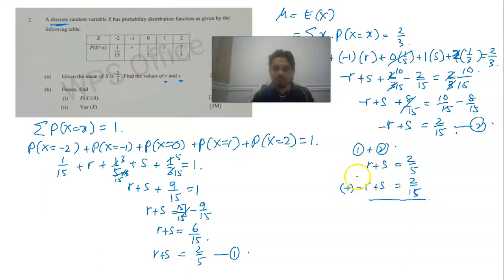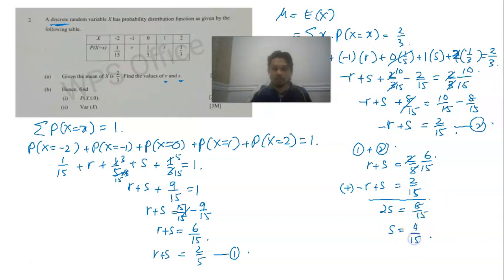So r plus negative r is just like r minus r equal to 0. s plus s, 2s equal to 2 over 15 plus 2 over 5. Make this one 5 times 3 equal to 15, so 2 times 3 equal to 6. 6 plus 2 equal to 8 over 15.